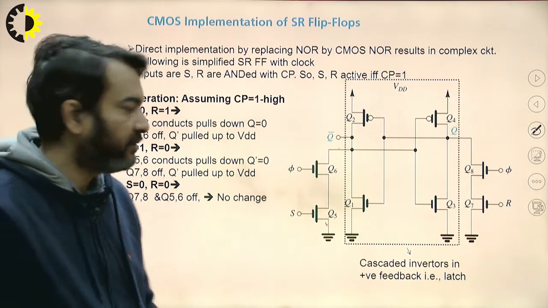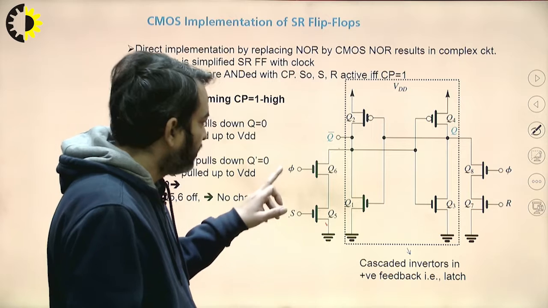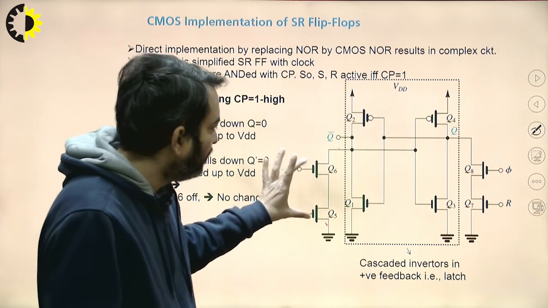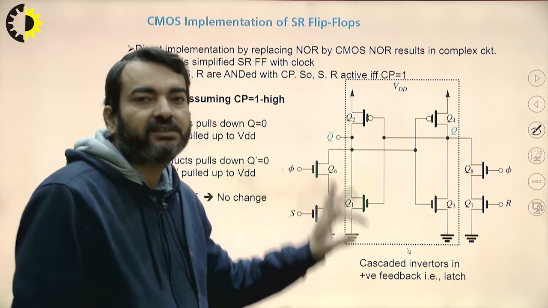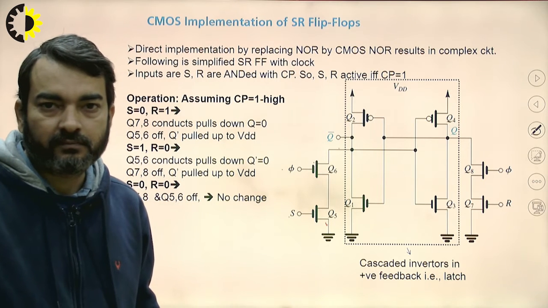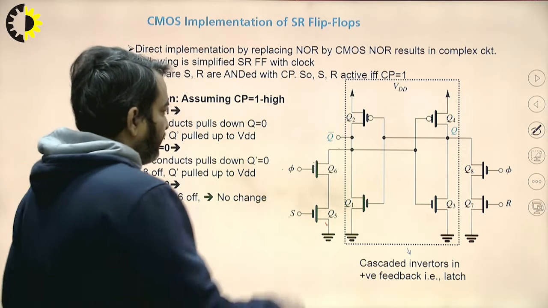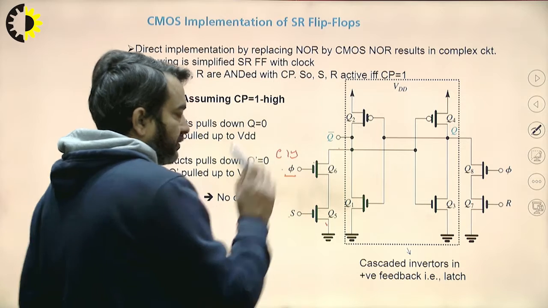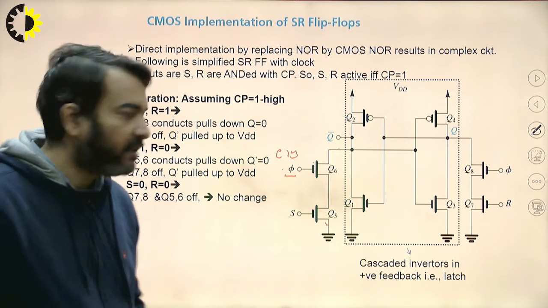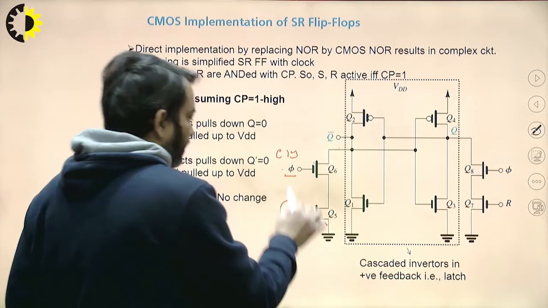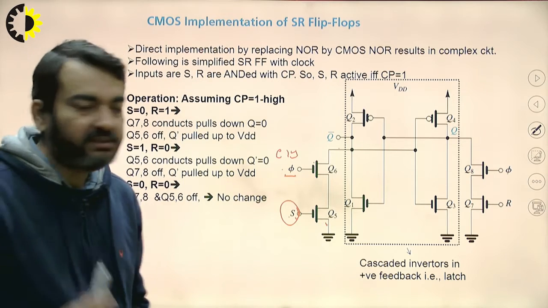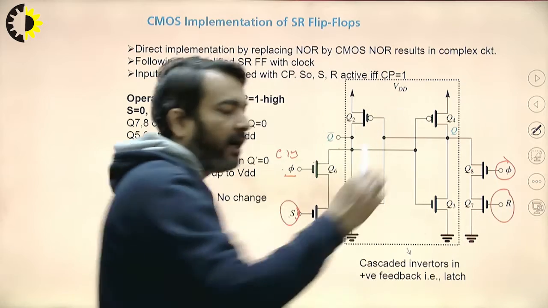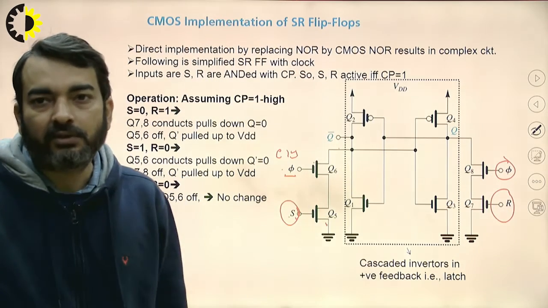We have used input along with clock, and these are the two NMOS transistors placed in series. If phi is the clock and the clock pulse is 1, then only data input S will be processed. In the same way, if clock pulse phi is 1, then only R input data will be processed.